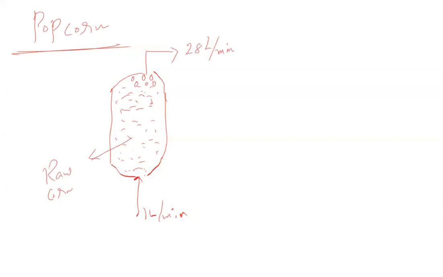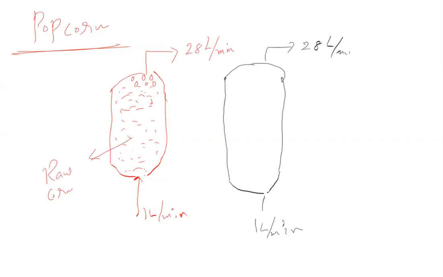This is one example. Another scenario is where the inlet is 1 liter per minute, but ultimately the flow will be 28 liters per minute. But here, right at the inlet itself, it is becoming popcorn.